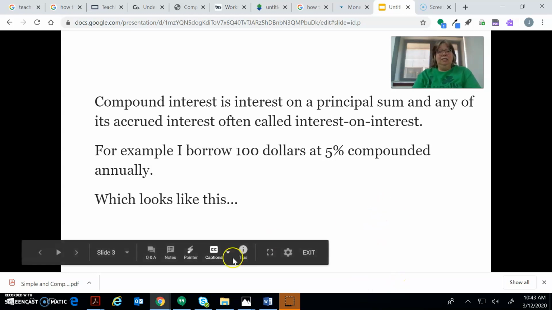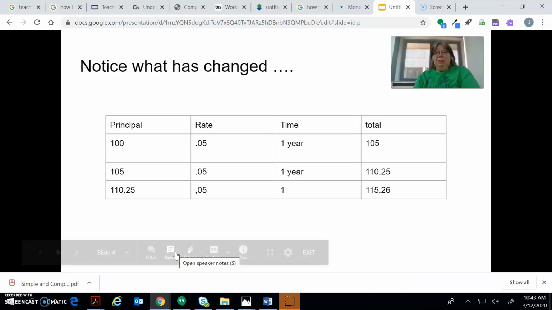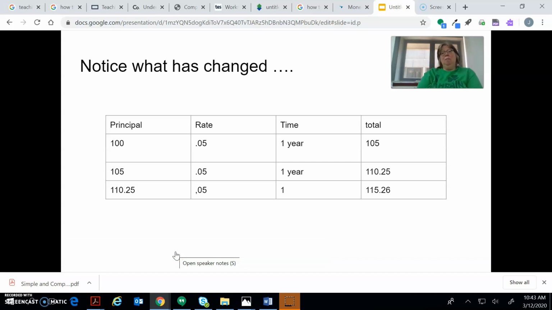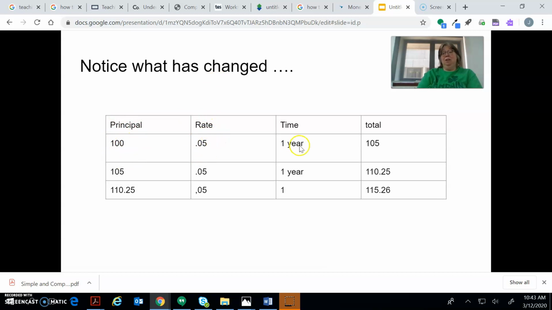So how that looks is something like this. Your initial borrowing amount is $100 at 5%, which is the decimal 0.05, times 1 year. After a year, you would owe $105. You'd be paying them back.